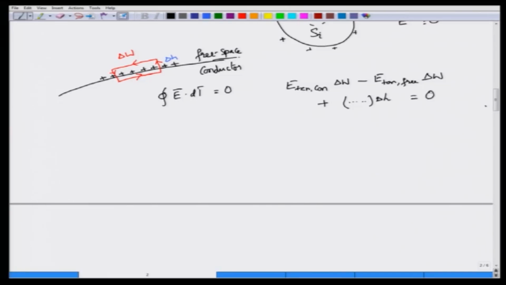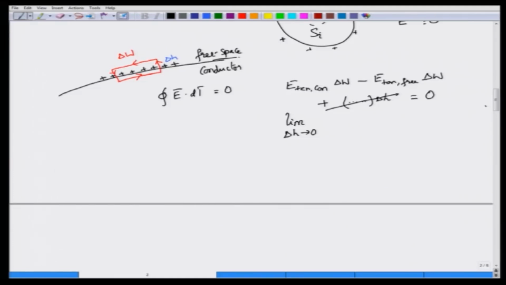This entire thing will be equal to 0. As before, take the limit of delta h going to 0. Then the terms with delta h cancel and you are left with the tangential electric field inside the conductor times delta w minus the tangential electric field in free space times delta w, which should be equal to 0. Of course, there cannot be any tangential electric field inside the conductor.